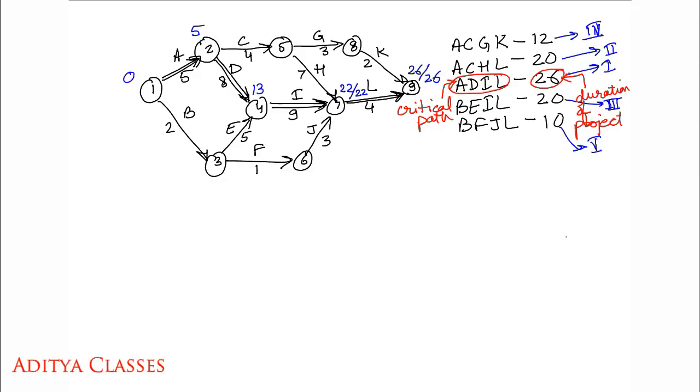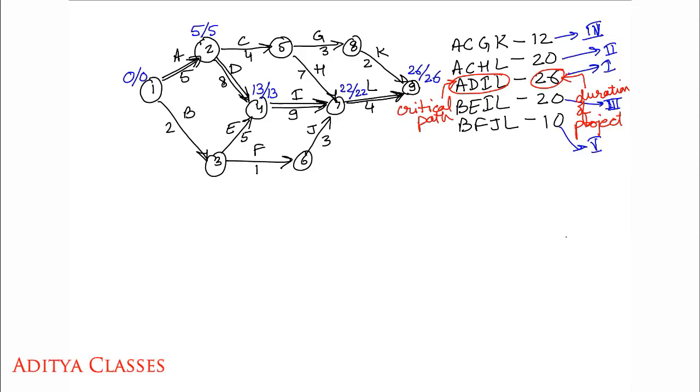Now if you have to start L by 22, then I should be completed by 22. In order to complete I by 22, it takes 9, so 22 minus 9, I definitely should start by 13. Similarly, 13 minus 8 would give me a 5. 5 minus 5 would give me a 0.